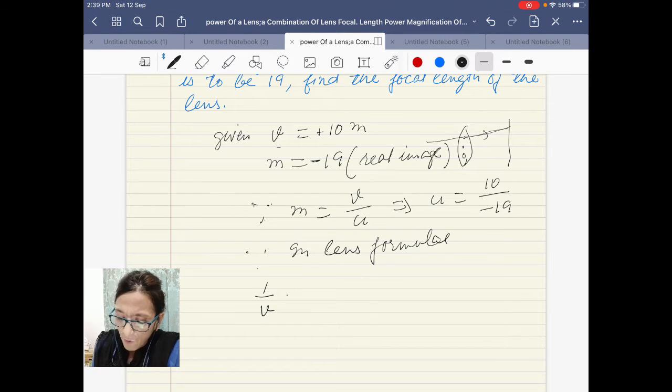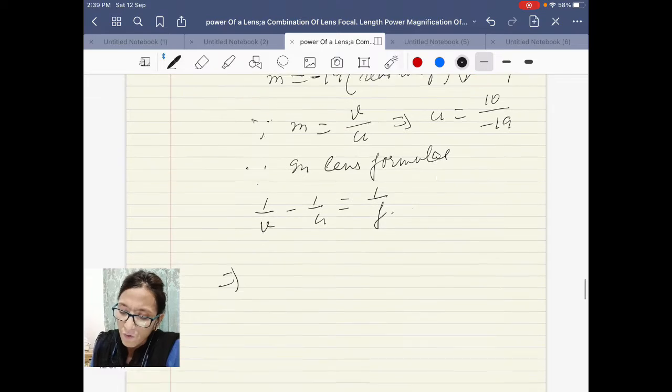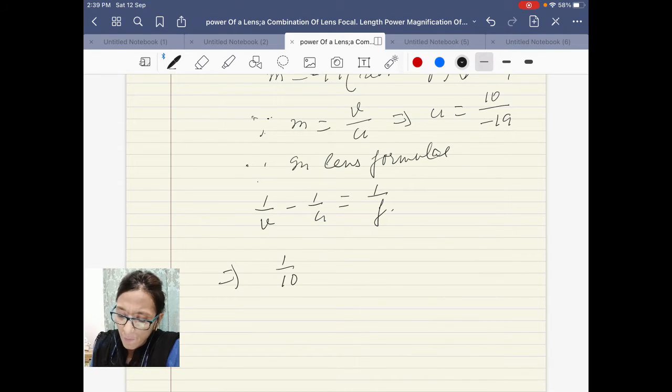in the lens formula you have 1 upon V minus 1 upon U is equal to 1 upon F, and therefore 1 upon plus 10 minus 1 upon 10 divided by -19. This -19 will go in the numerator, and minus minus becomes plus here.